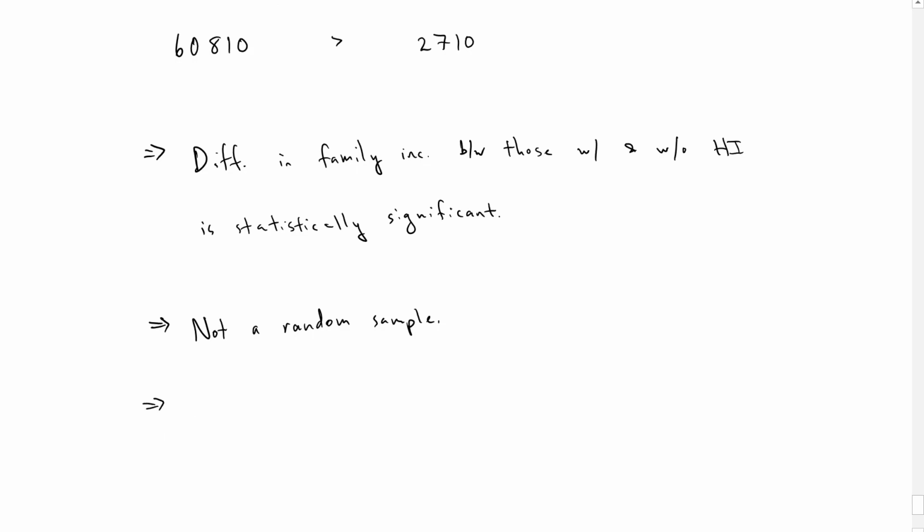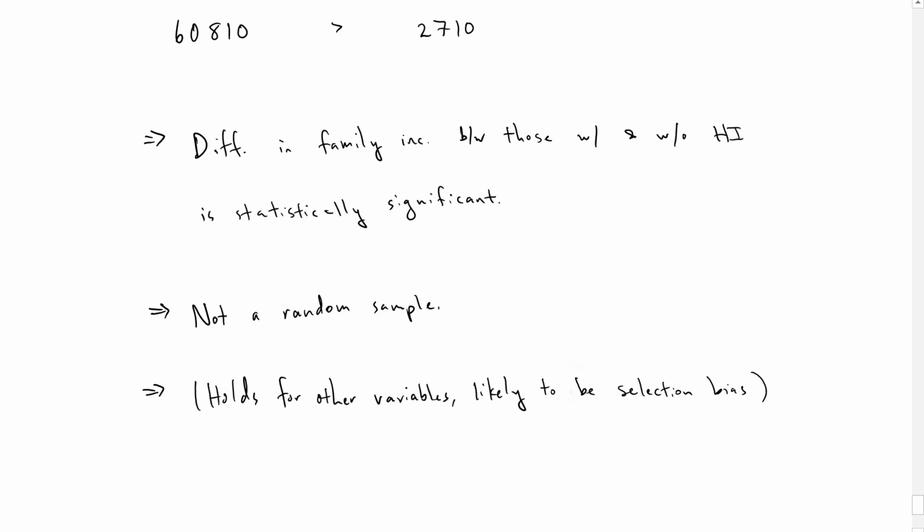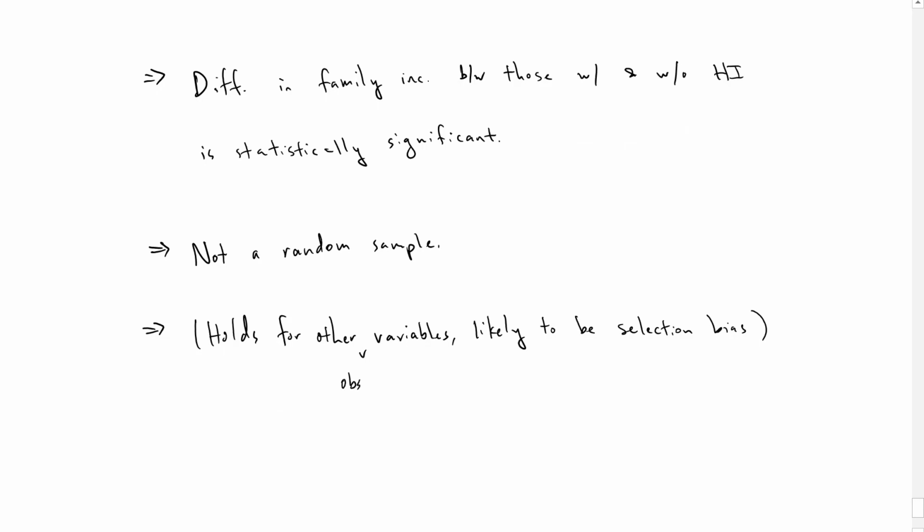So because this holds for other variables, there's likely to be selection bias. Okay, and because this holds for other observable variables, that means it also probably holds for unobservable variables.